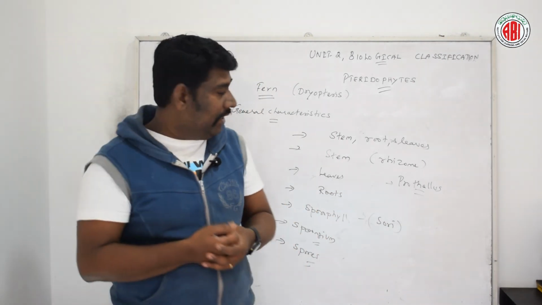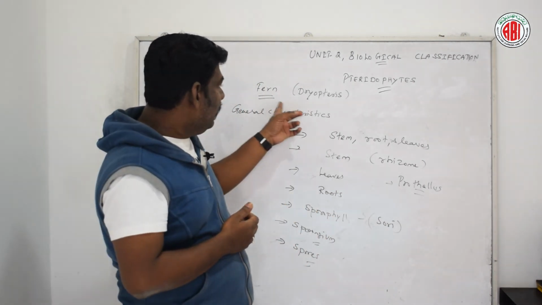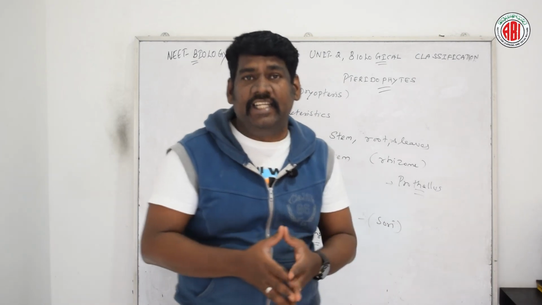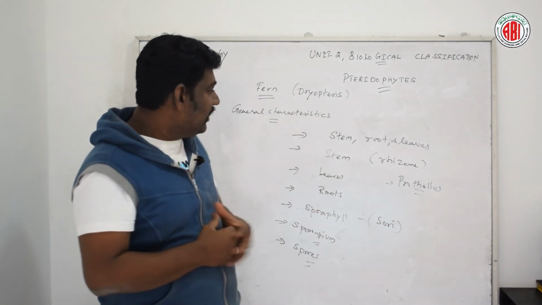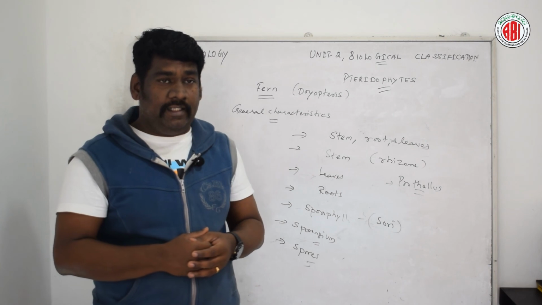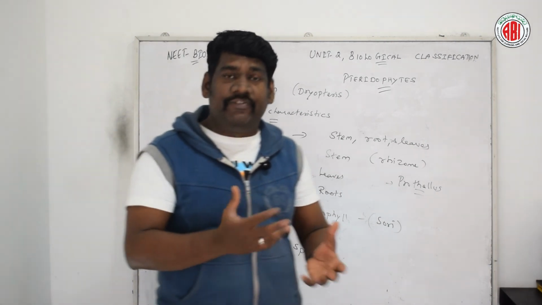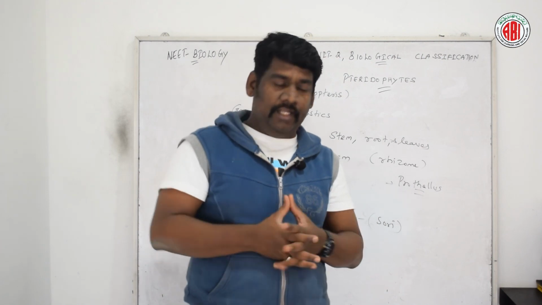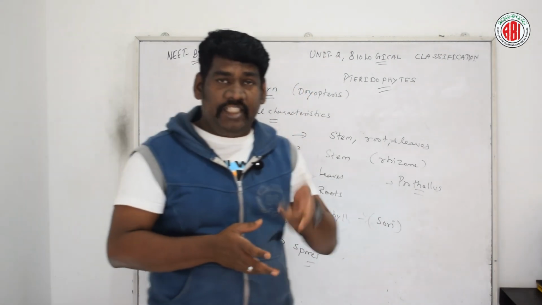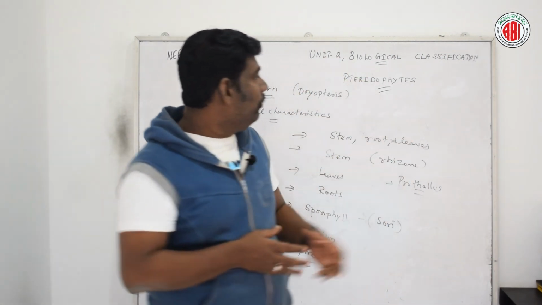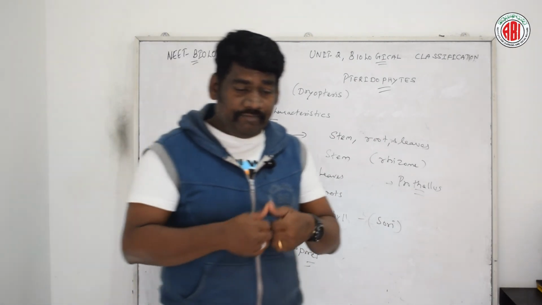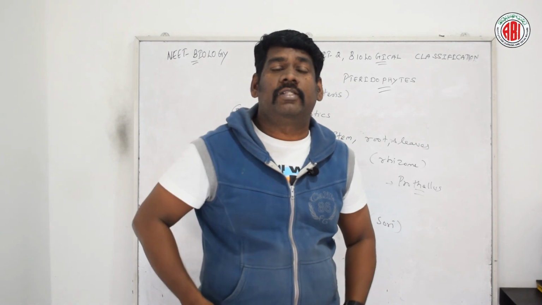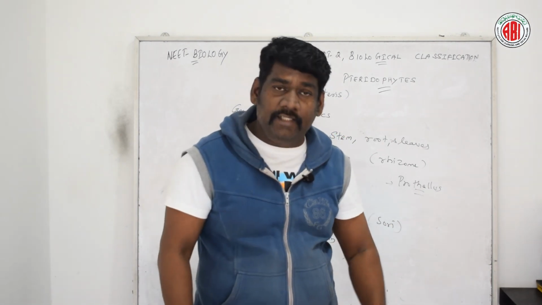Then with one example, fern or Dryopteris, we discussed a case study in detail, including general characteristic features, fertilization and how it occurs. In this particular chapter, unit 2 biological classification, we will continue with one more subtopic. Until then, thank you guys.